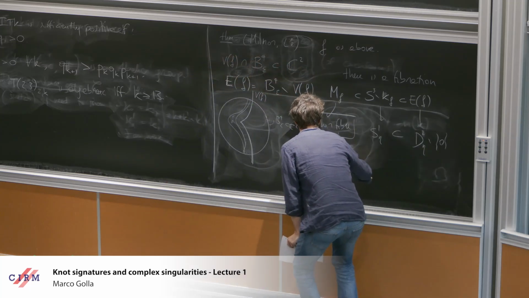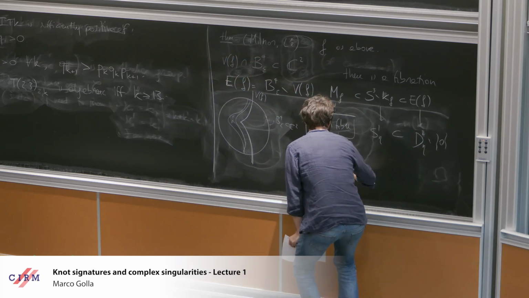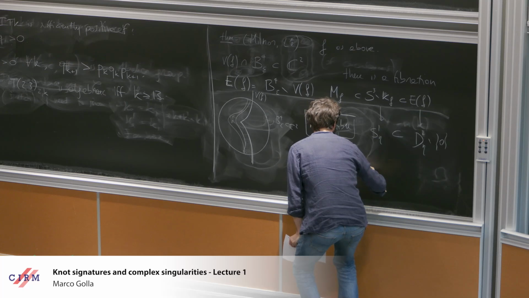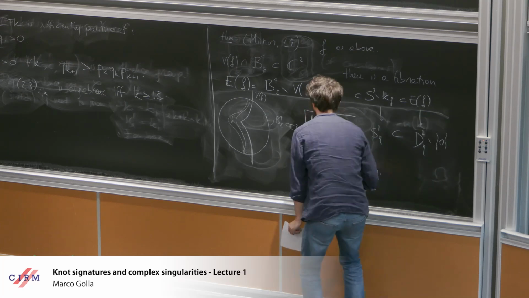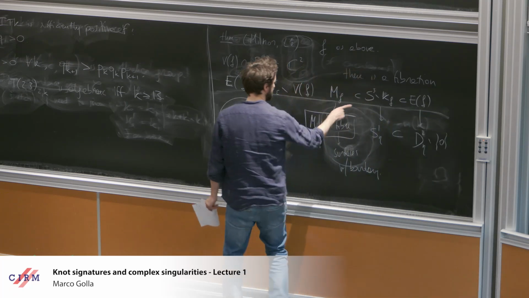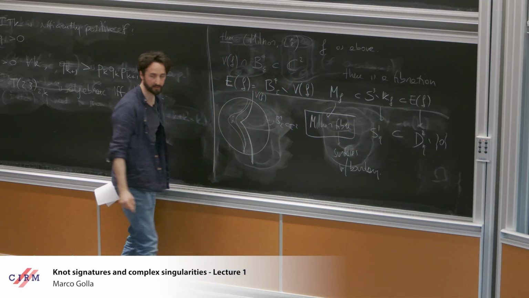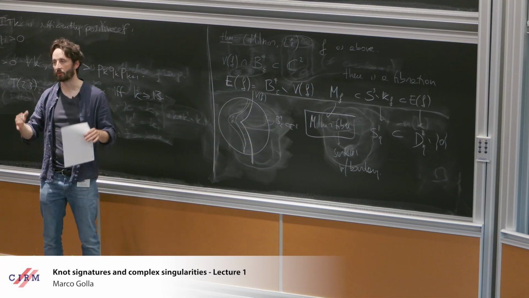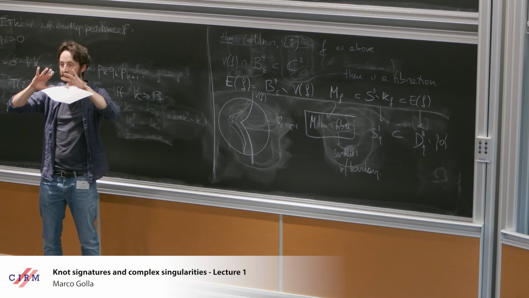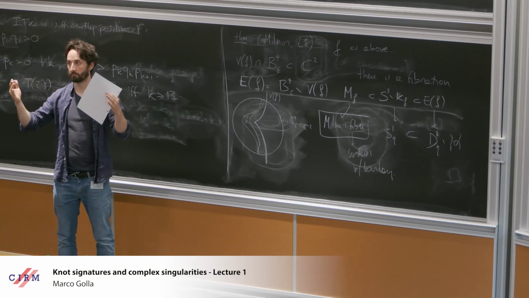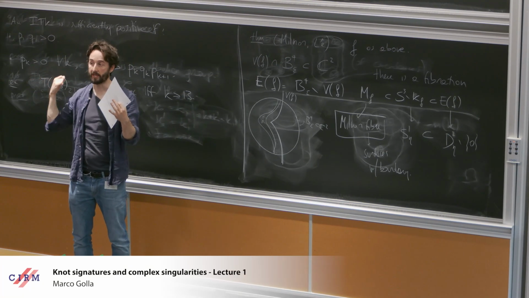Now they are surfaces with boundary. And what I'm saying is that this fibration that I have on the complement of VF inside the 4-ball actually restricts to a fibration of the boundary S3 minus the knot.